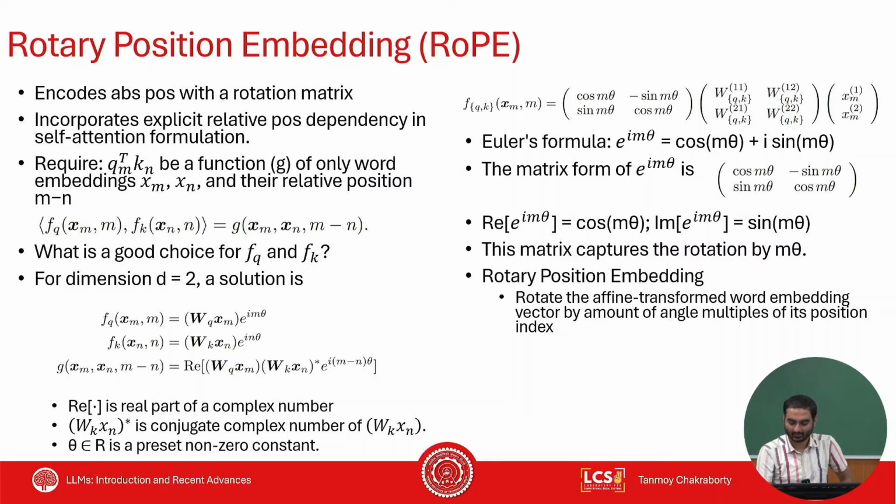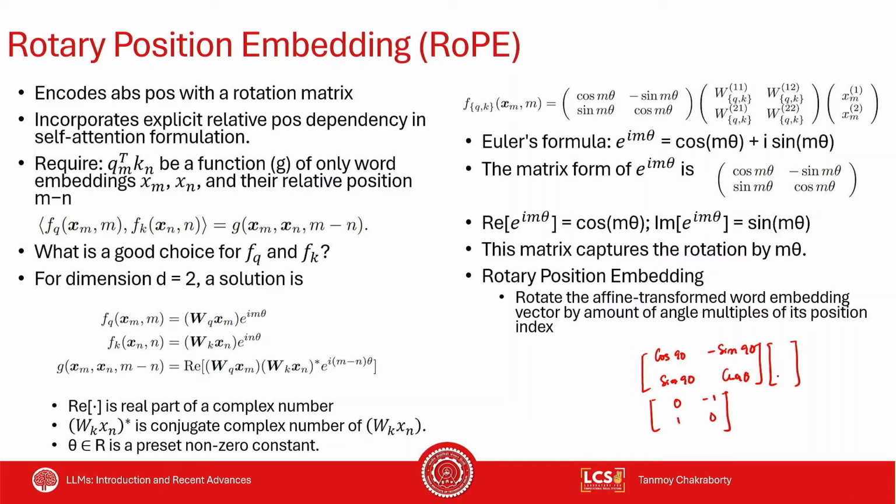Just to verify, you take this matrix: cos 90, minus sin 90, sin 90, cos 90. Essentially, this is 0, minus 1, 1, 0. This is the rotation matrix. I claim that this is a rotation matrix. Let's say you apply this rotation matrix to a vector 0, 1.